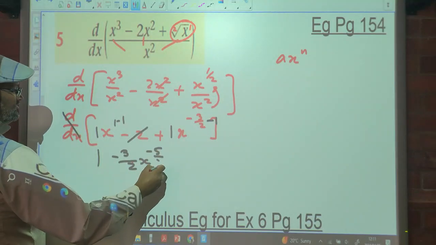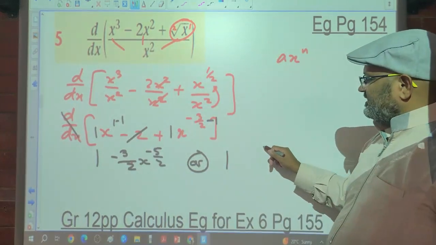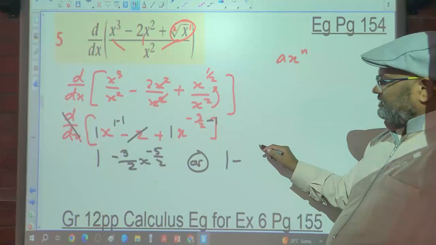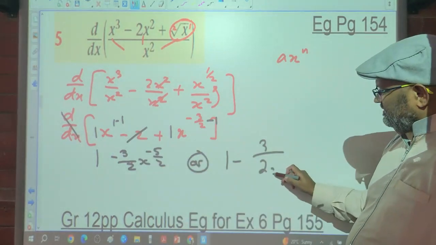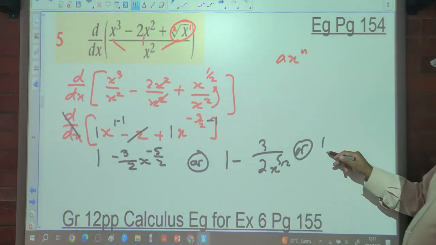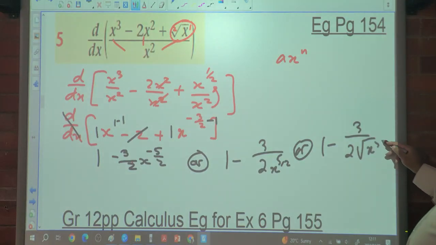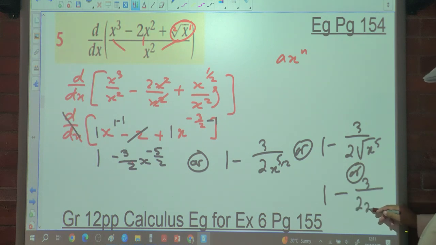Negative 5 over 2. This could also be written as 1 and negative 3 over 2, that is in the denominator now, because I have the exponent x to the 5 over 2, which can also be written as 1 minus 3 over 2 square root of x to the 5, or 1 minus 3 over 2 x squared root x.